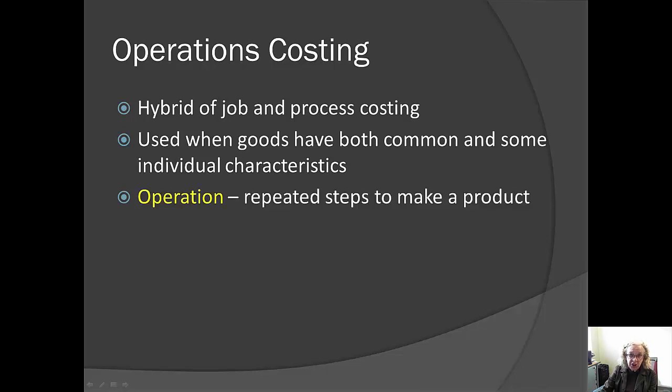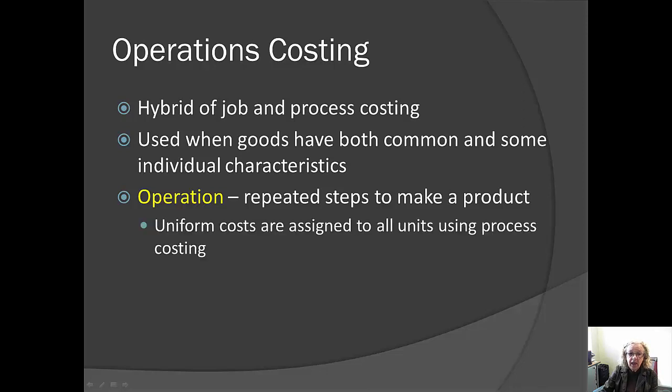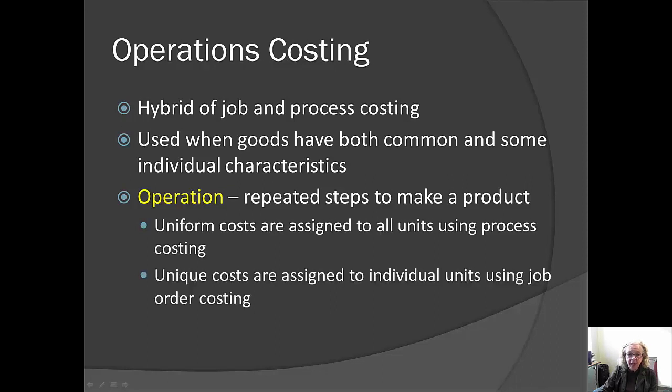An operation is considered to be a set of steps that are repeated in order to make a product. So, within that operation, uniform costs are going to be assigned to all of the units for that operation using process costing, but unique costs can be assigned using job order costing.